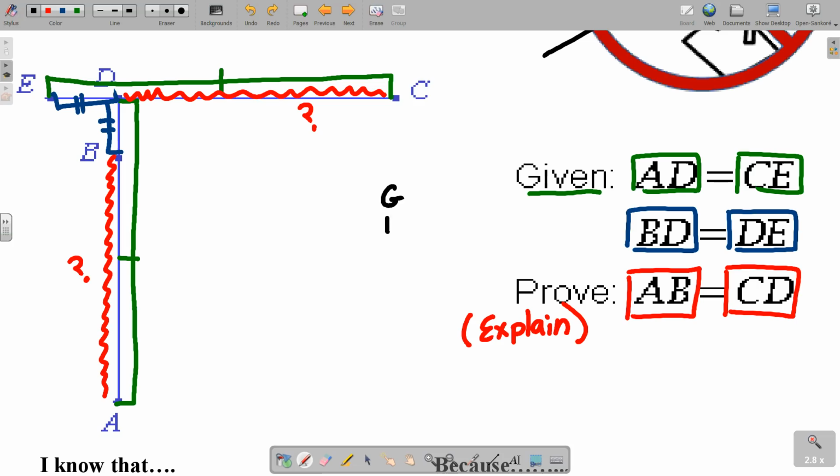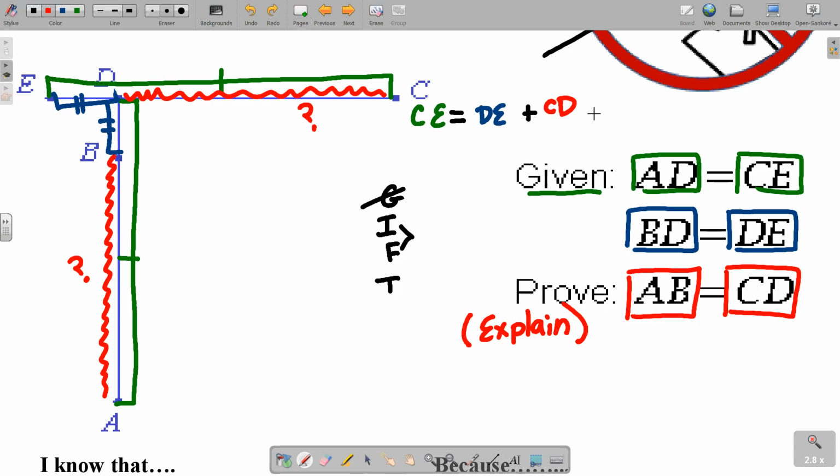Okay, so given, implied, freebies, talk through. Now, we wrote the given on the diagram. Implied and freebies, something that's implied here, we know this. We know that CE is made up of DE and CD.